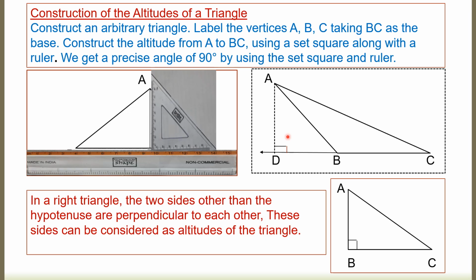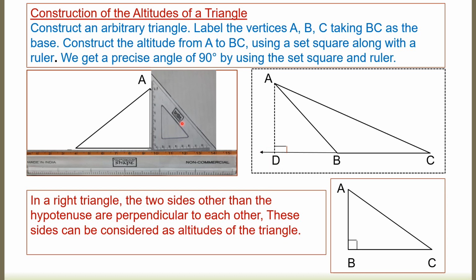Let us see this one. CB is extended this way, and from A we have to draw a perpendicular or the altitude. Keep the ruler alongside BC, or you can say CB. It should come up to here.